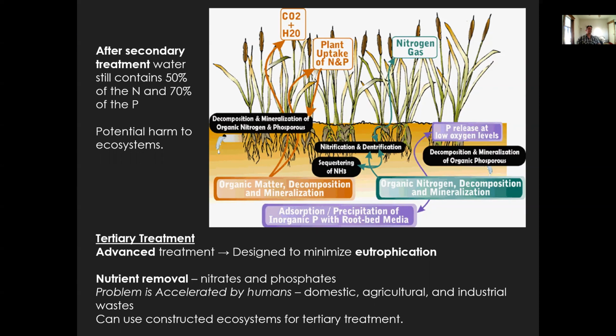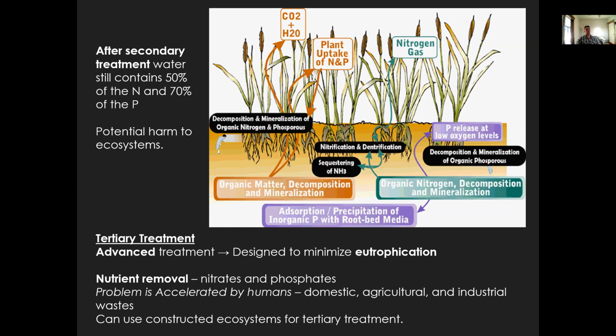So essentially, it should also be noted that if the area that you are pumping your effluent back into is a small stream or a recreational lake, you also sometimes will find the need for tertiary treatment. And tertiary treatment is designed to essentially remove all of the biological oxygen demand and nitrogen and phosphorus.